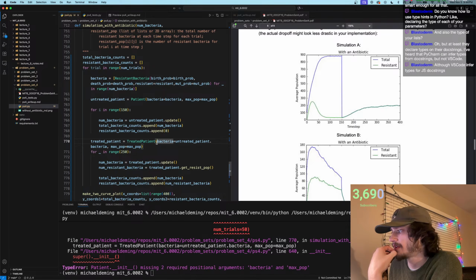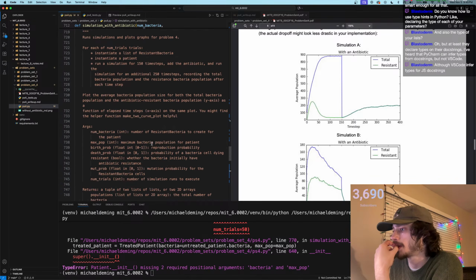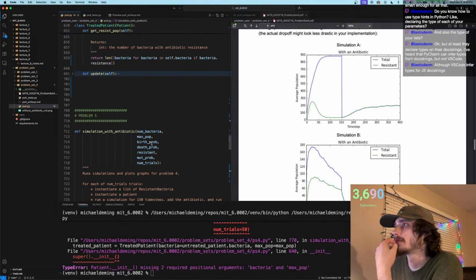Line 770 is missing bacteria and max pop.